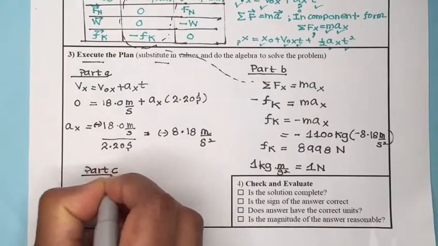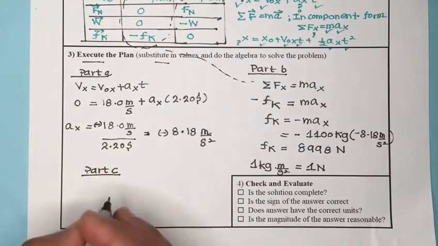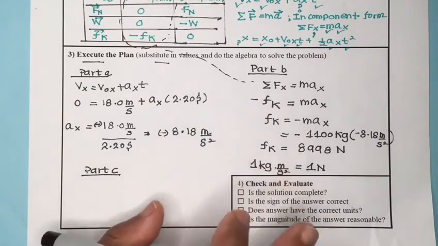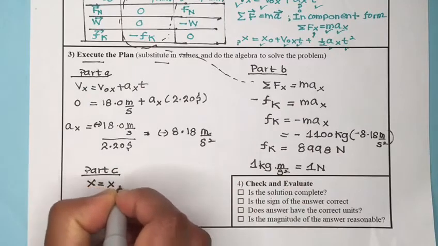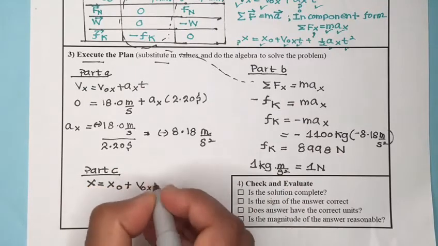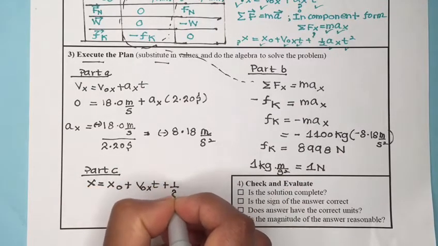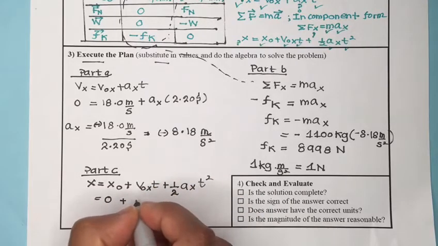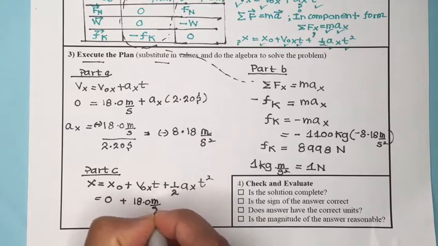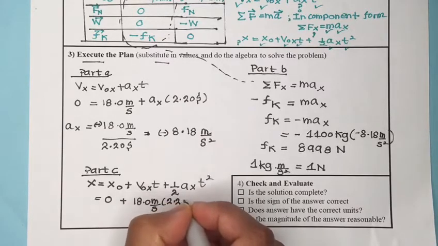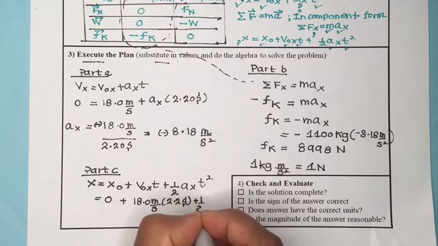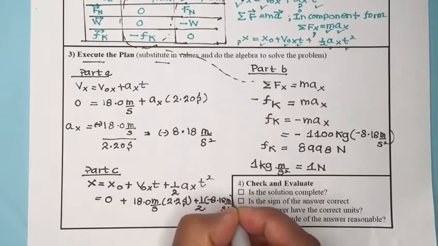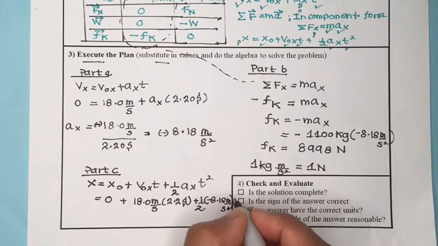And for part C, we're trying to calculate the final position, or how far the car moved. So let's see, initial position plus initial velocity times time plus half times acceleration times t squared, and the initial position is 0, and then the initial velocity 18 meters per second times time, plus half a t squared. So guys, I'm running out of space here.